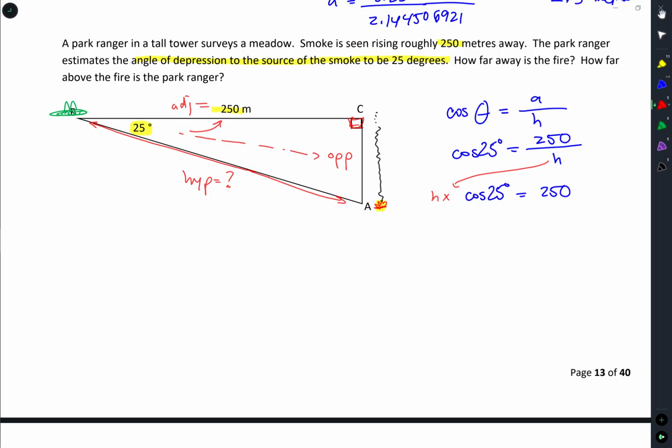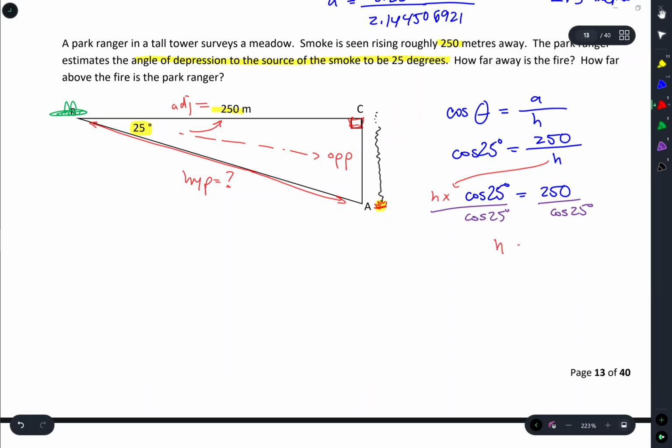Now we're left with h times cosine of 25 equals 250. We don't want that. We want to divide out that cos 25 degrees. If we do it on the one side, we've got to do it on the other side. So what we're left with then is the hypotenuse is equal to 250 over cosine of 25 degrees.